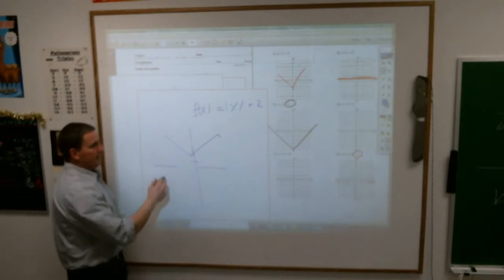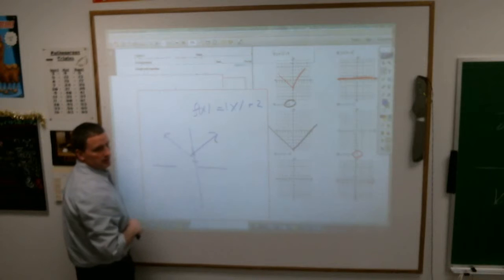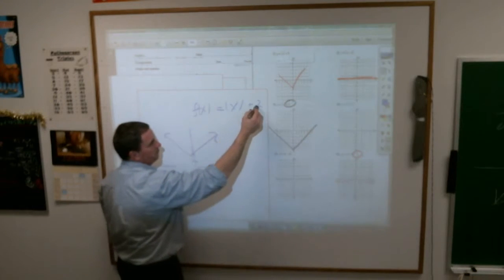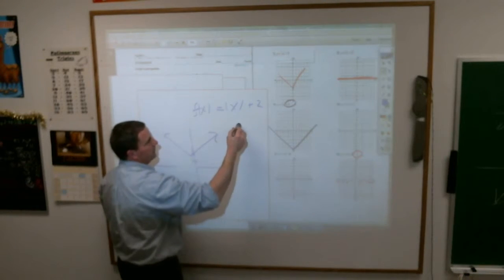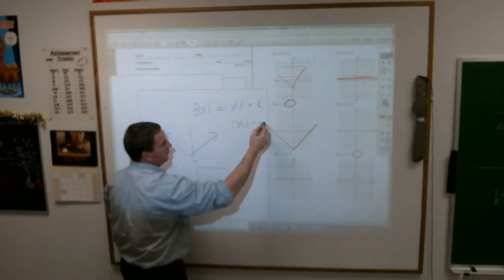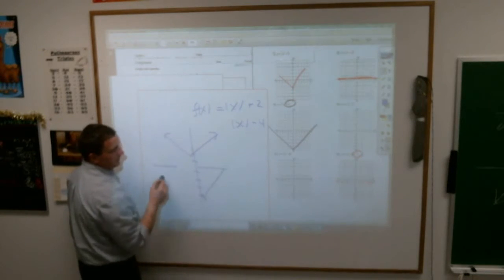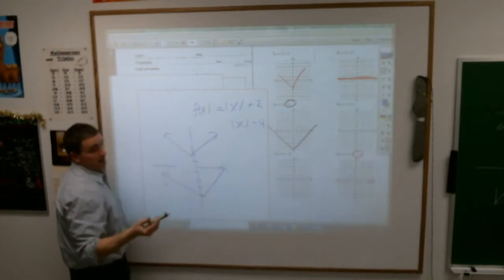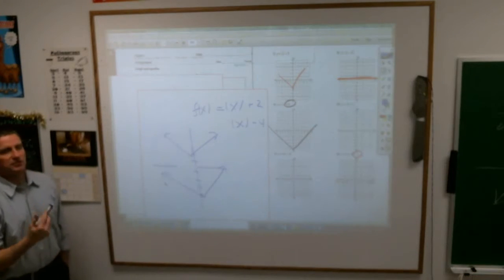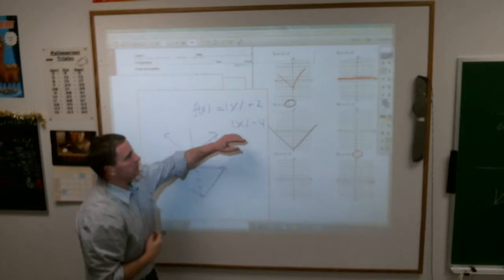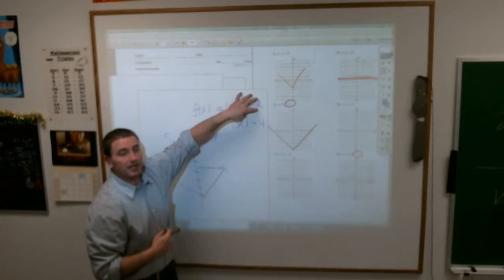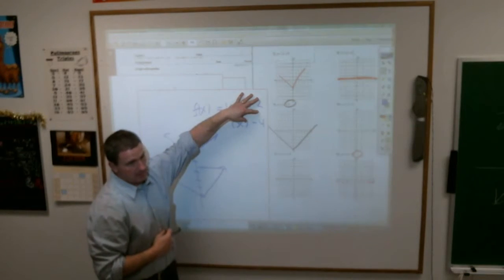That's the graph of the absolute value of x, plus 2. If it would have been the absolute value of x, minus 4, here at minus 4, it's going to be the same V. That's the graph of that. That's the shift. The up and down shift is that number that's outside of the absolute value.